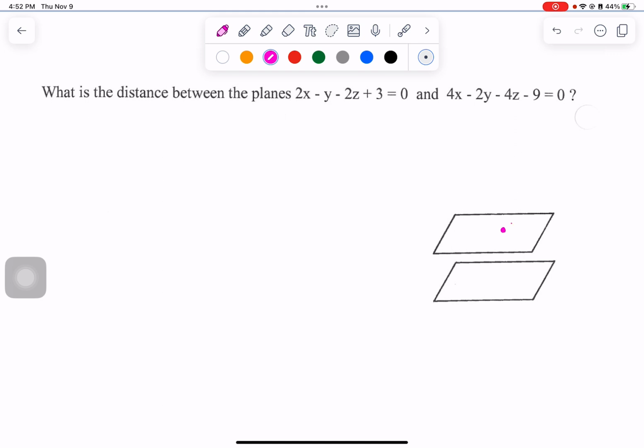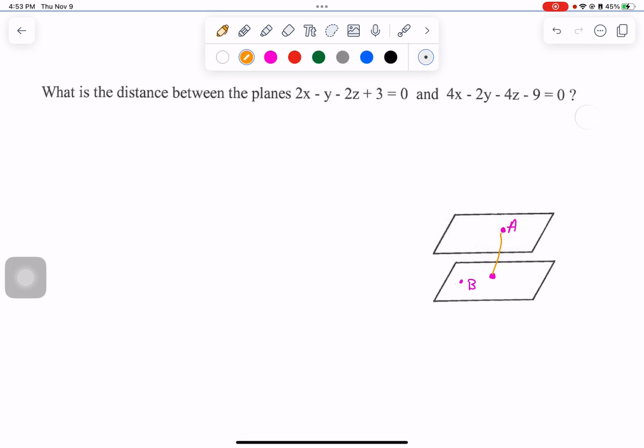Let's call it A. And let's call another point down here B. Now, notice I didn't put it directly underneath. It might be directly underneath, and that would be great if I could find it. And if I did go directly underneath, then this line would in fact be a normal that passed through both planes, and that would be a lovely thing.